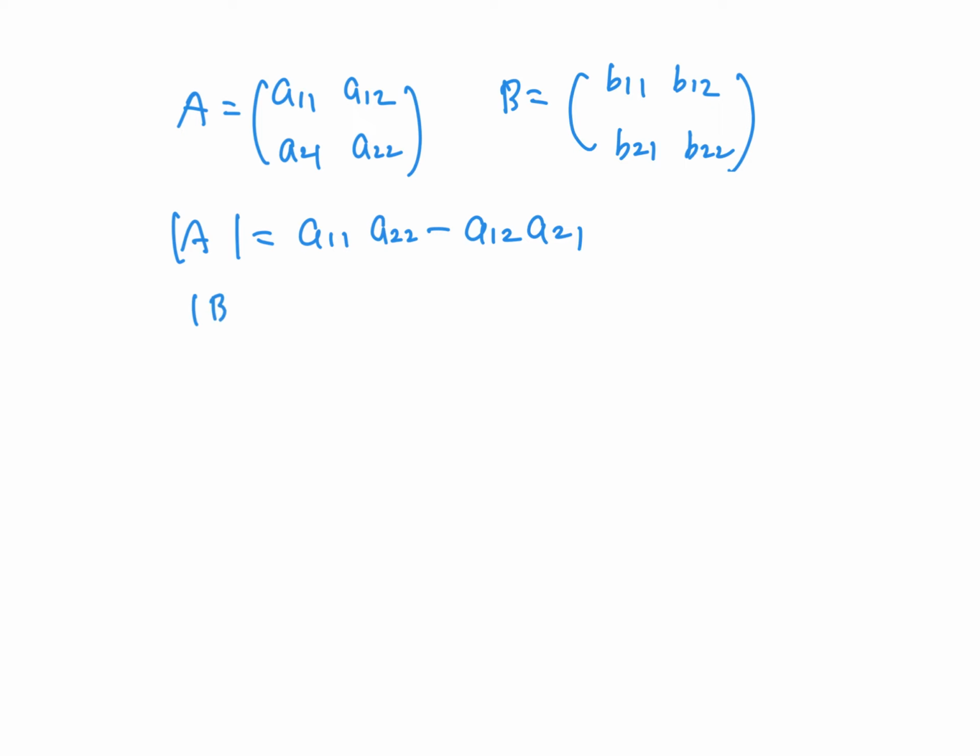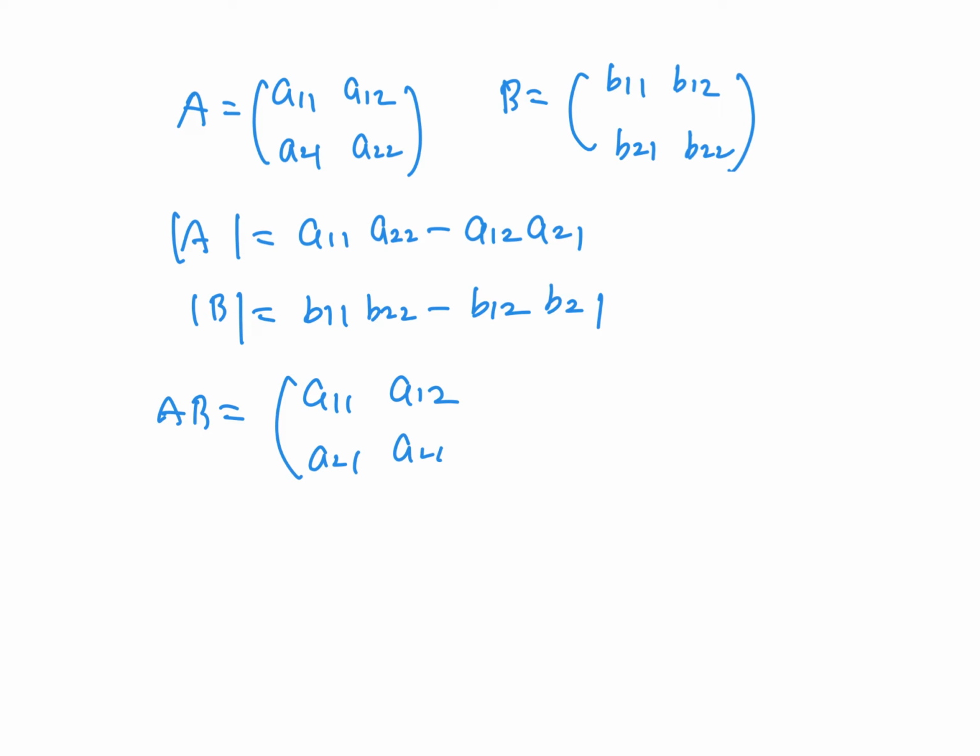Determinant of B is B11, B22 minus B12, B21. If you multiply A by B, it can be a little bit complicated, right? So you need a little bit of patience.